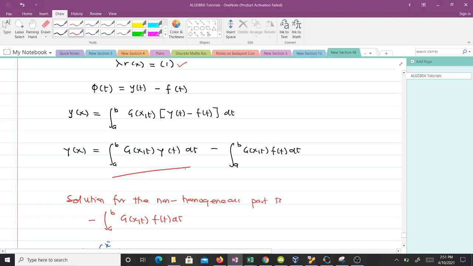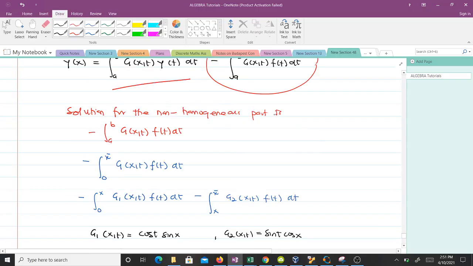And this happens to be the solution for the homogeneous part. So that means solving the non-homogeneous part, you're interested in finding this. Okay, so that's why you can see that the solution for the non-homogeneous part is given by this. And from our question, a is 0, b is pi. So we've made that substitution.